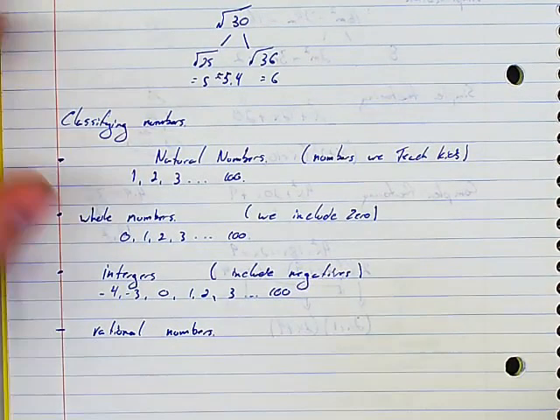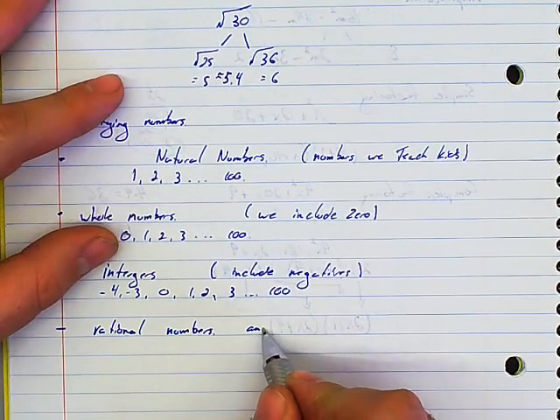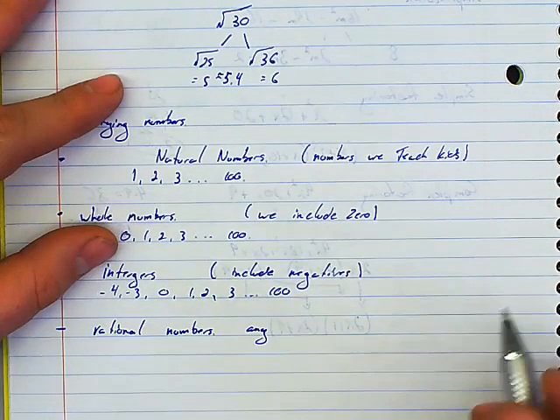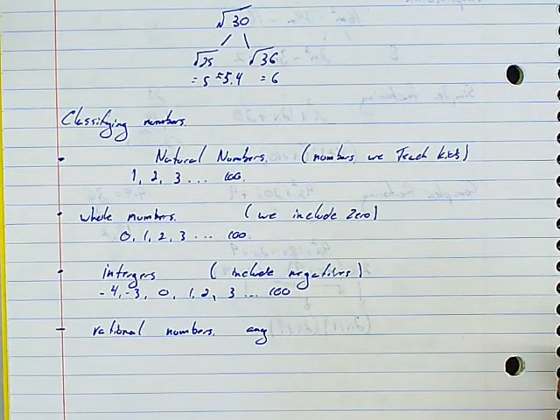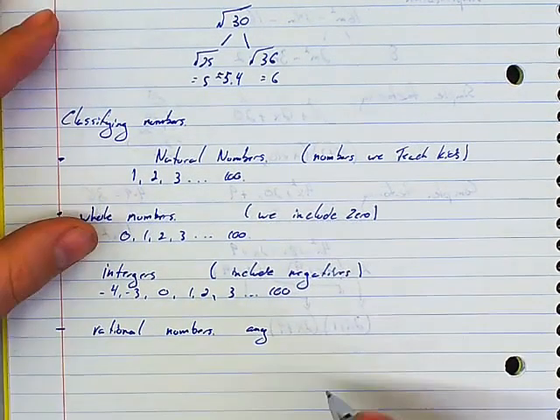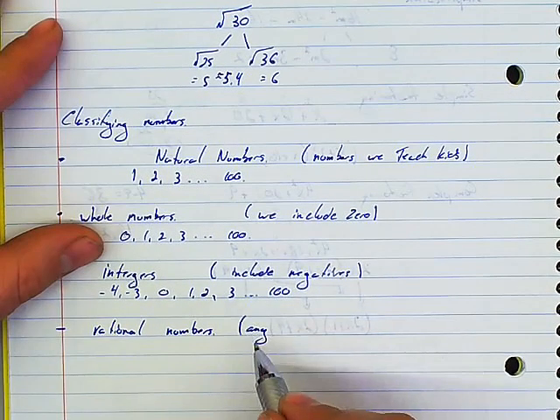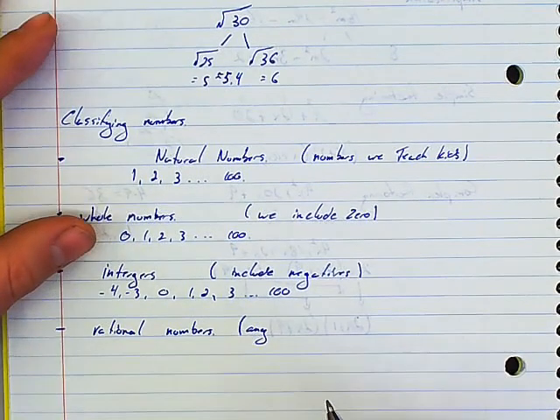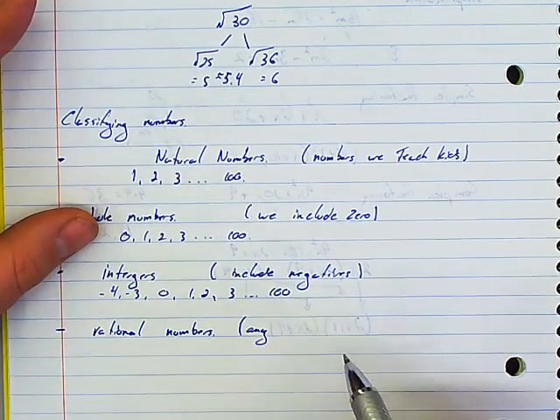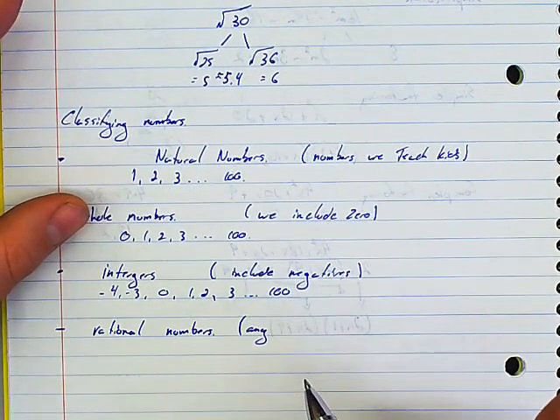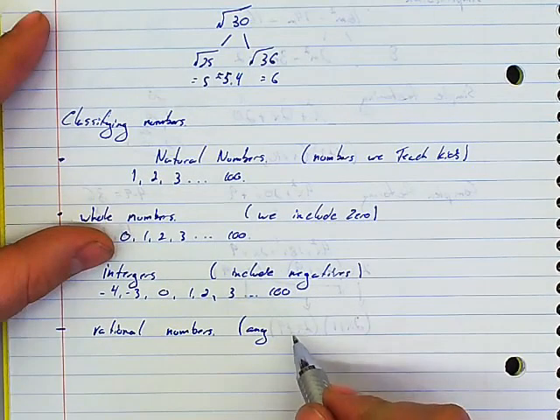After integers, we taught you guys rational numbers. Basically, rational numbers are any number that can be written as a fraction. Does that include decimals? Yes. Because 0.75 as a fraction would be 3 over 4.